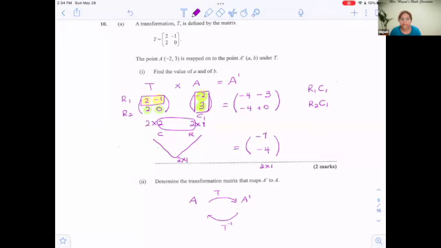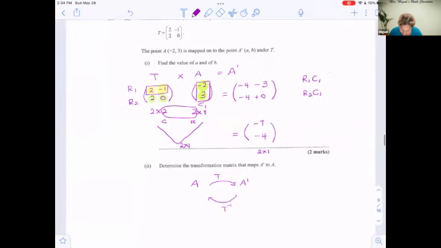Just like a function, it takes an input and generates an output. The inverse takes the output and goes back to the input. So what they are asking you to find here is T inverse.